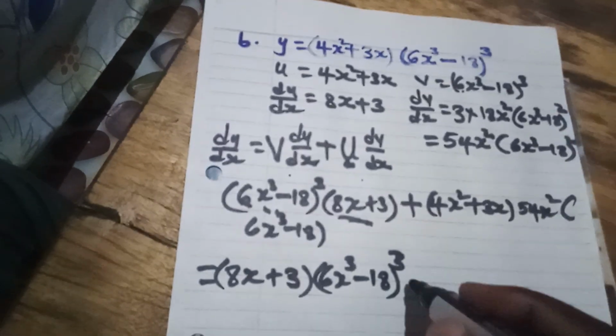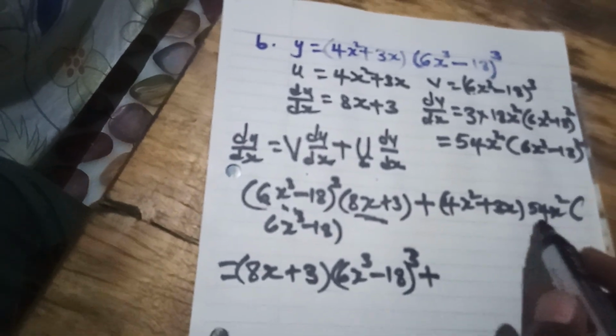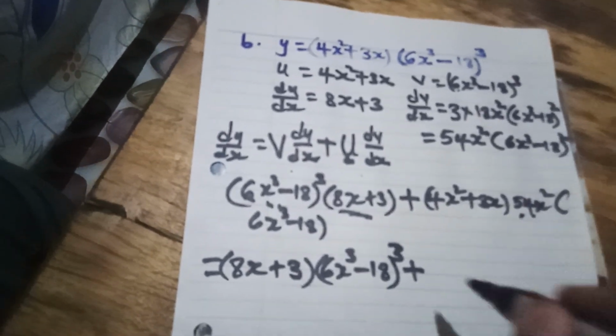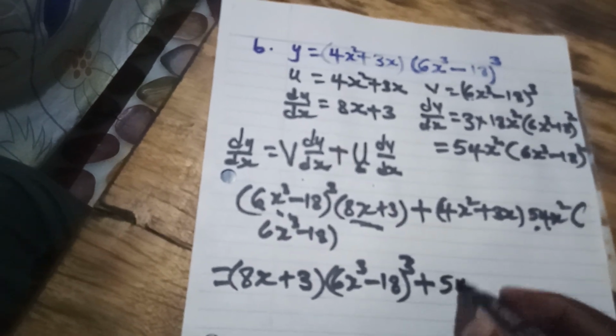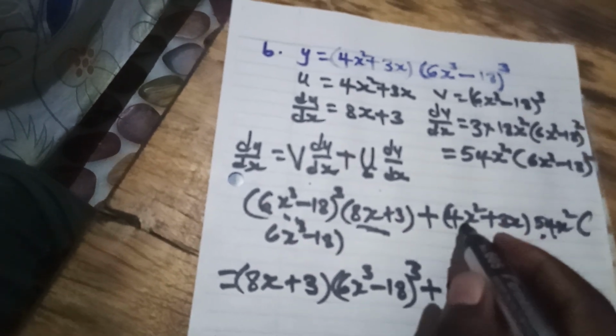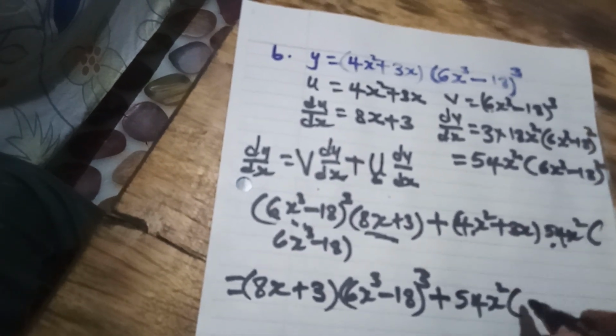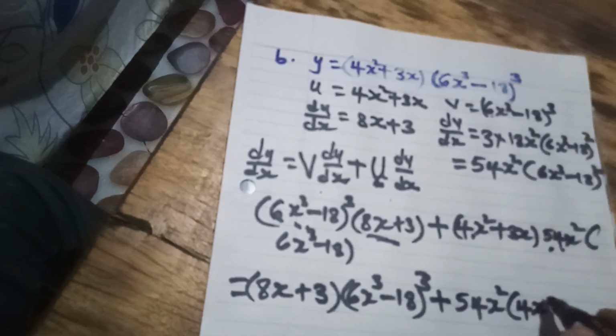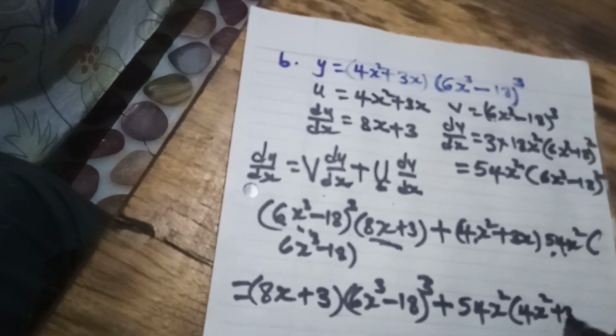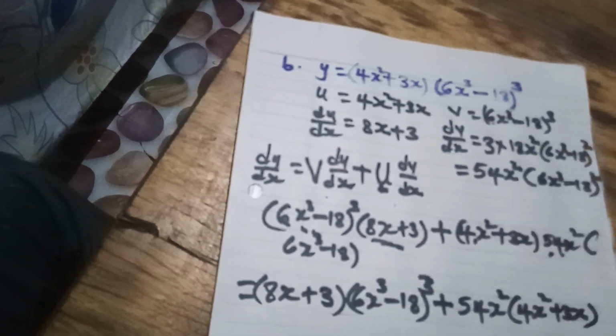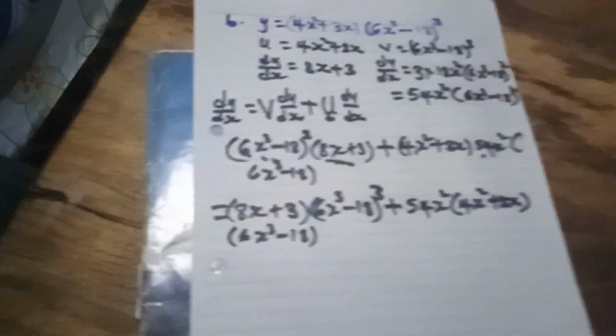Then we add, again, 54x squared. Then we multiply this into 4x squared plus 3x, close it. Then the last thing is 6x cubed minus 18.